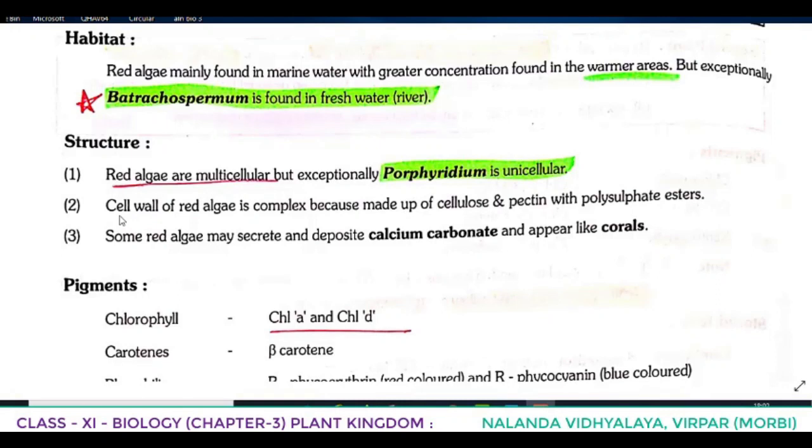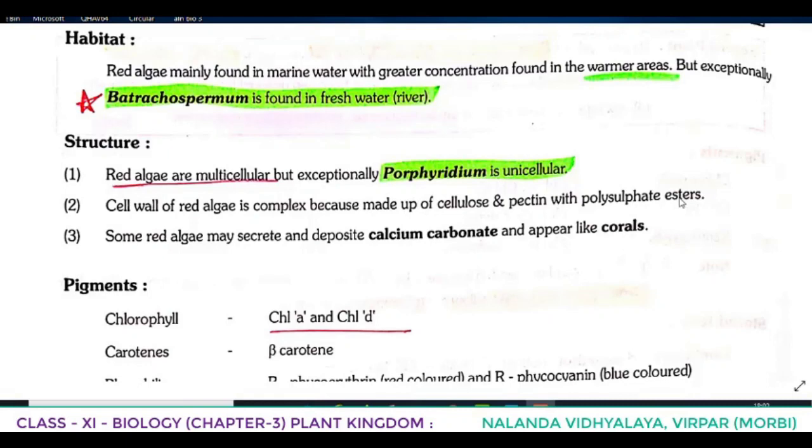Red algae are multicellular, but exceptionally which one? Porphyridium is unicellular. Cell wall of red algae is complex. Why? Because they are made up of cellulose and pectin with polysulfate esters. See the point?